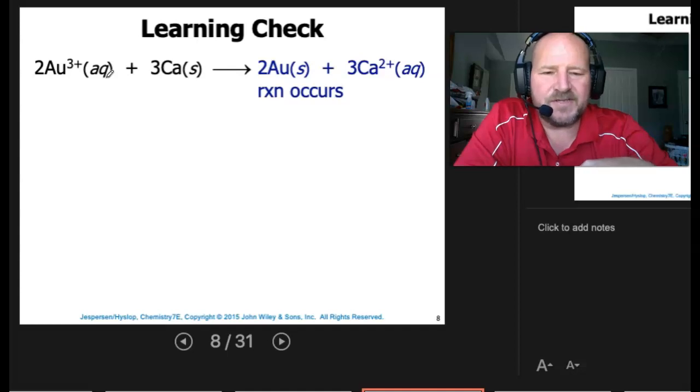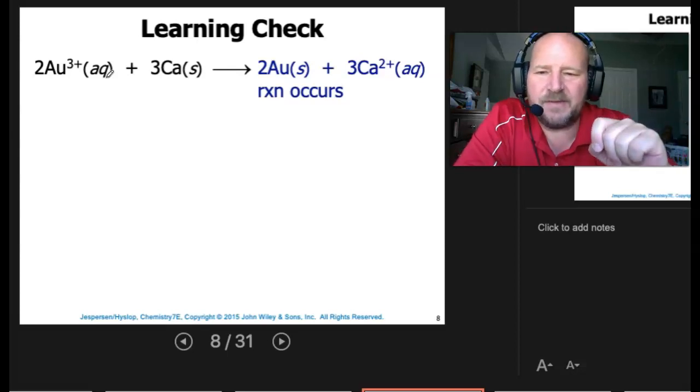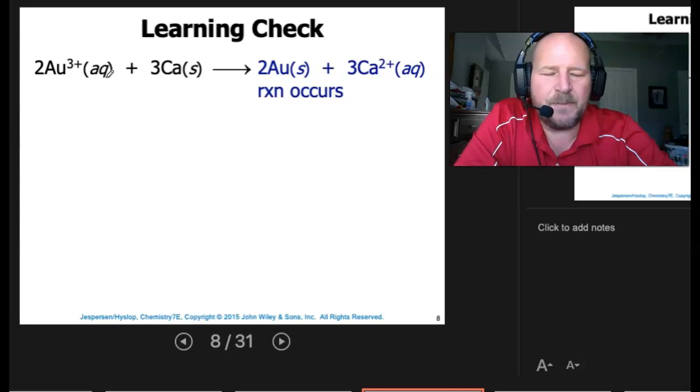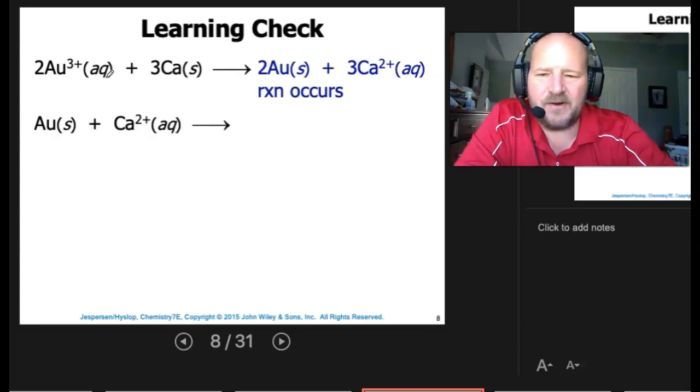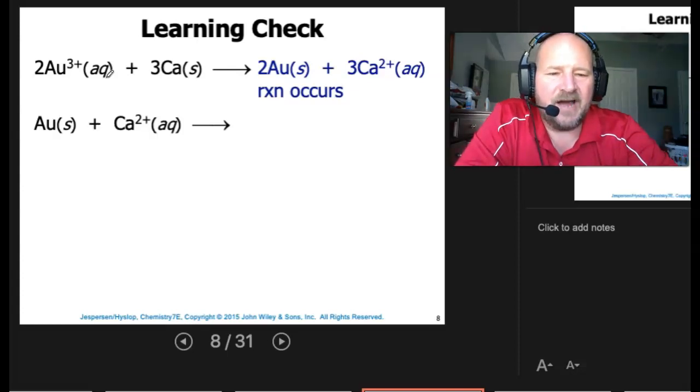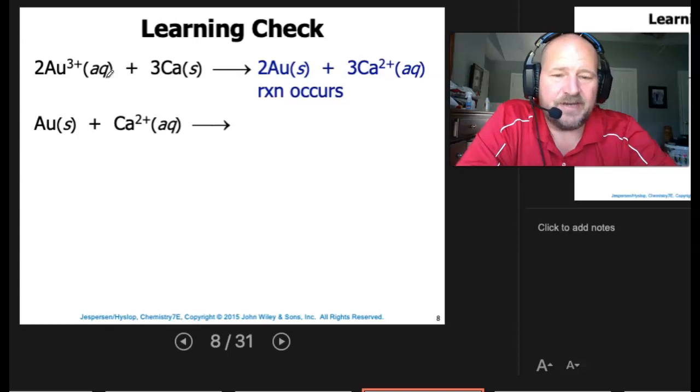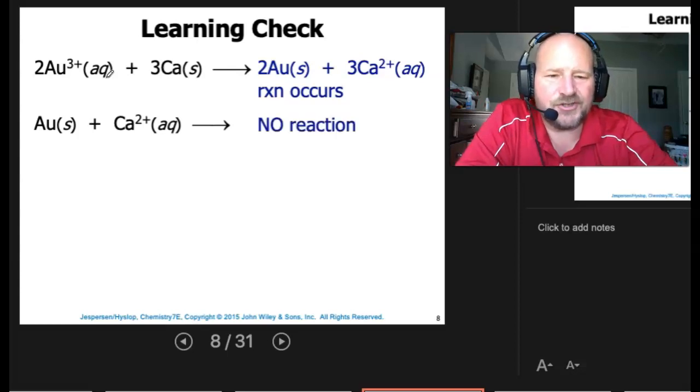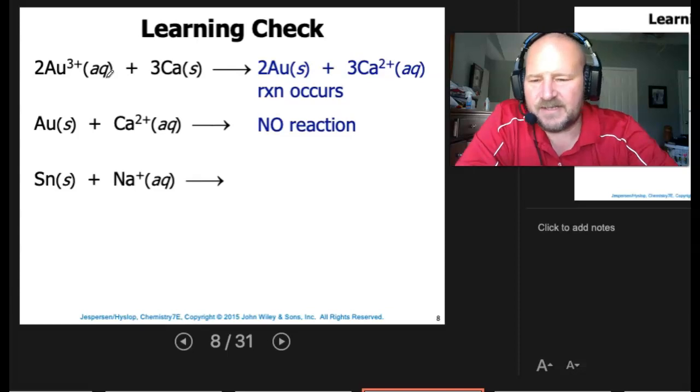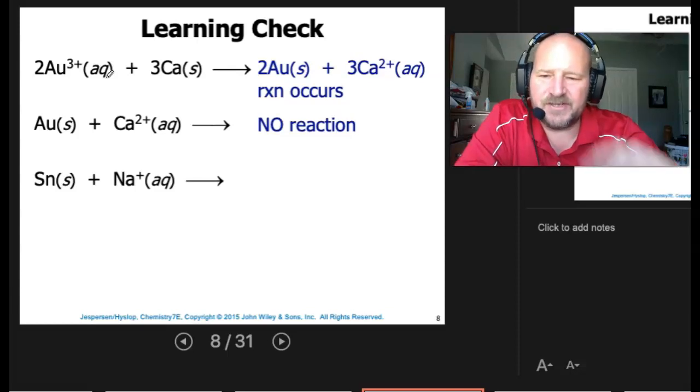It's probably very close to the bottom of our table, the way they've got it drawn in their textbook. And so it's going to be pointing up, and so that means the reaction should take place. Now if I reverse that and I take the metal and the calcium ion, now my arrow would be pointing down, and so we're saying that's going to be no reaction. Okay, and so again, if I take tin and sodium, tin should be above, sodium would be quite towards the bottom.